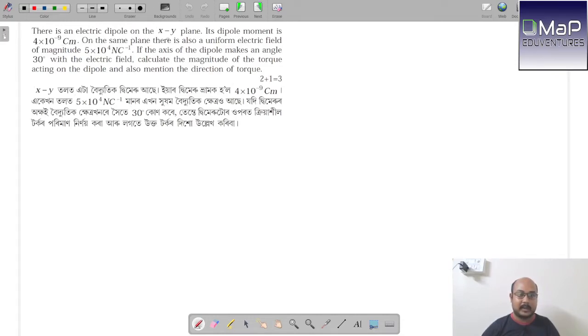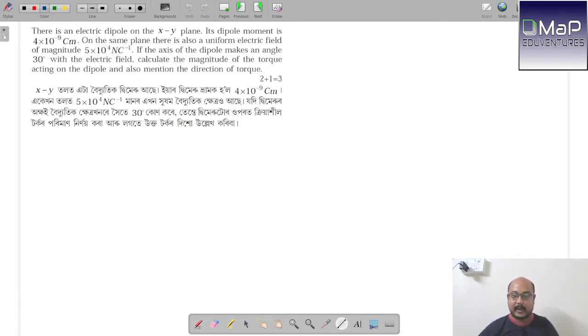On the same plane there is also a uniform electric field of magnitude 5 into 10 to the power 4 newton per coulomb. If the axis of the dipole makes an angle 30 degree with the electric field, calculate the magnitude of the torque acting on the dipole and also mention the direction of the torque.